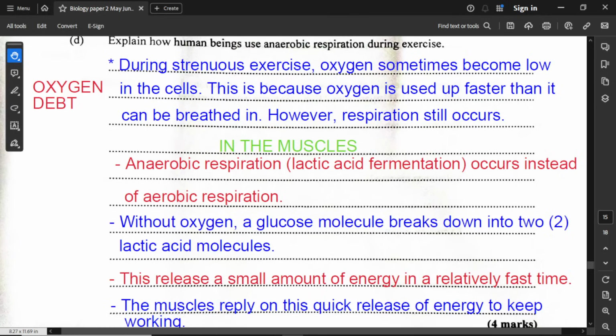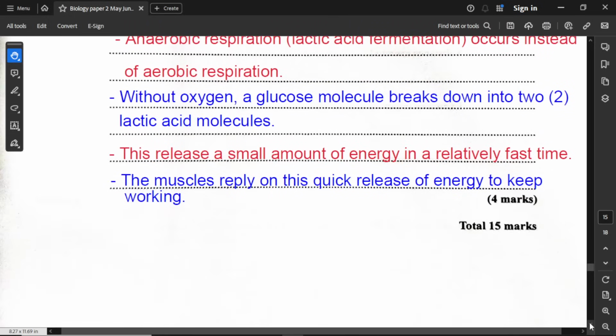So without oxygen, glucose molecules break down into two lactic acid molecules. All right. And so half of the structure of a glucose is technically a lactic acid. They're not the same. It's not exactly equal to half because the structure is different and it is acidic in nature. All right. And so this releases a small amount of energy in a relatively fast time.